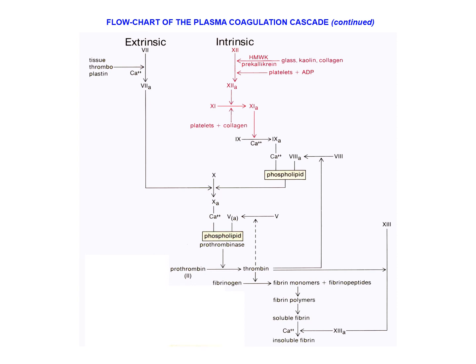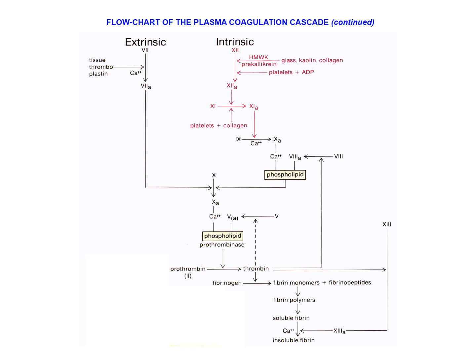And when blood comes in contact with surfaces which are not normal biological, and in this particular slide, that particular type of surfaces is indicated by the word glass, foreign or synthetic materials.